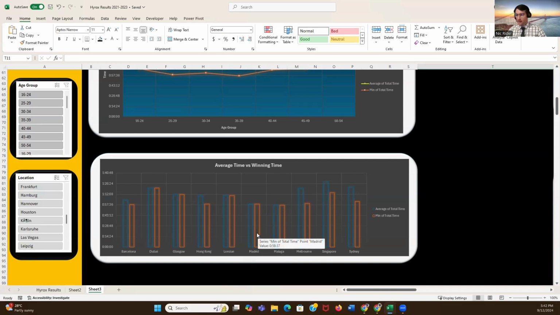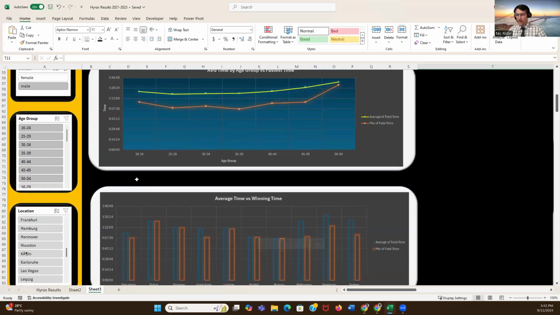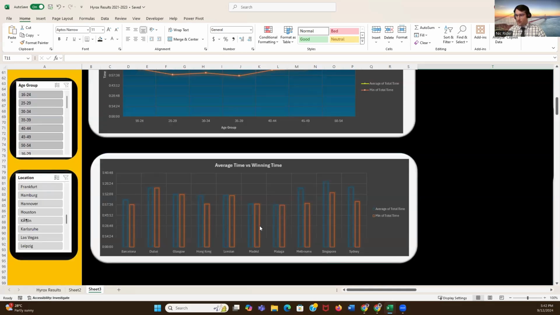So Madrid, some guy in Madrid in 2023 did 58:37. I can't check the athlete's name because they're not in that particular data set. I'd have to go back in and have a look at the race results on the Hyrox website.